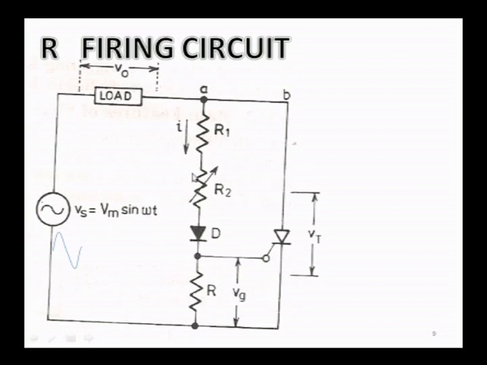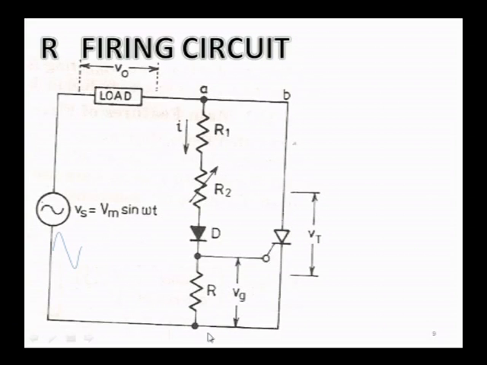Like this the SCR needs protection, it is not mere connecting the bias to the SCR gate and cathode circuit. And this is Vg, the minimum gate voltage required to turn on your SCR. Now, this is an R firing circuit.